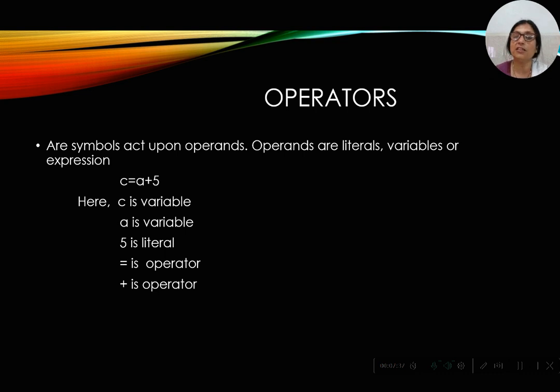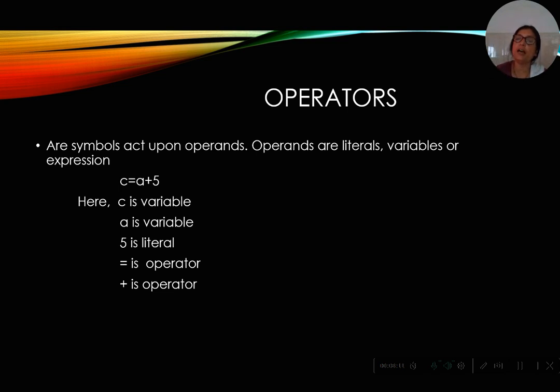Next token is operators. Operators are symbols that act upon operands. What are operands? Operands are literals, variables, or expressions. Let's take the example here: C equal to A plus 5. This is a statement. Here C is a variable, A is also a variable, 5 is a literal or constant, and the equal to and plus signs are both operators.